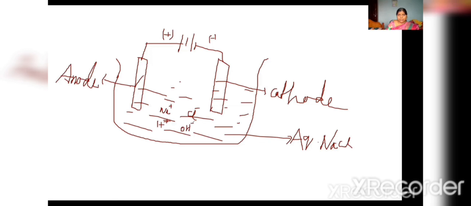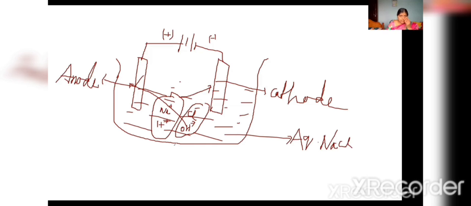Both will move to their respective electrodes. Na+ and H+ ions will move to this cathode, and Cl- and OH- ions will move to this anode.